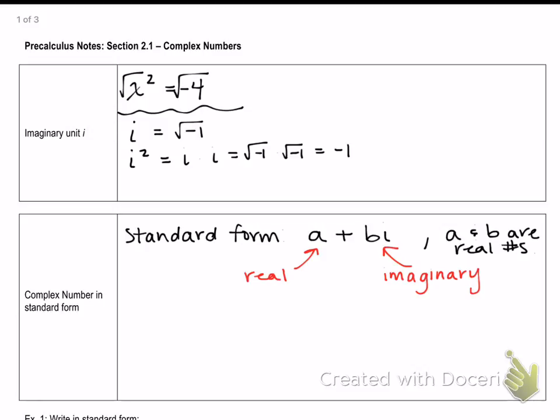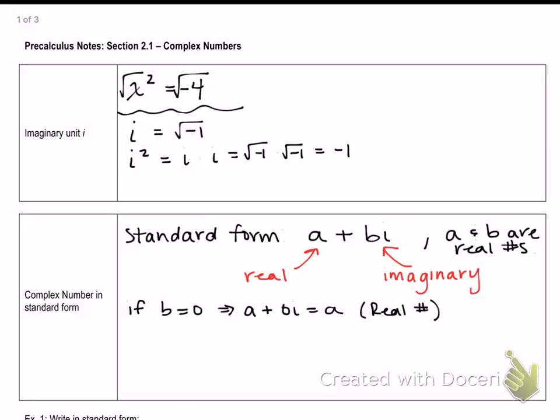All right, so let's say that b is equal to 0. So if b is equal to 0, then I have a plus 0i, which essentially is just a. If my i drops out and I have no more imaginary part, then this just becomes a real number.